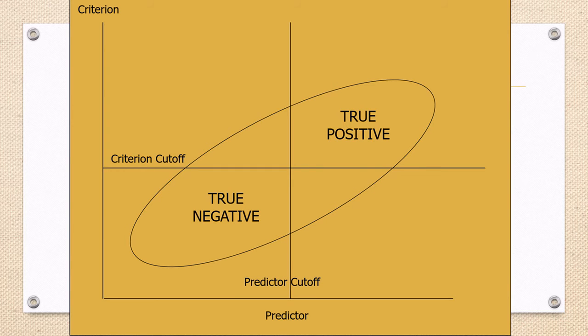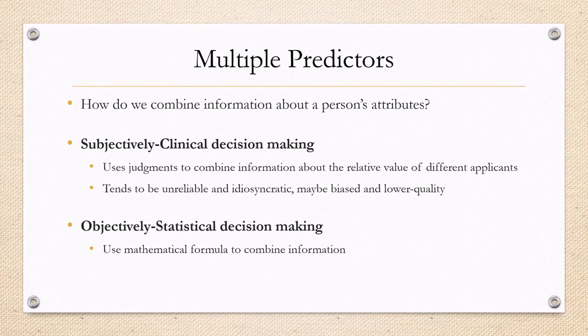Those who did not get accepted into the position and would not perform well on the job. But we have these mistakes that we made. We have false positives, people who are chosen to be in the job, yet they fail to perform at the level we expect. And we have false negatives, people that we chose not to select, but would have done a good job in the position.